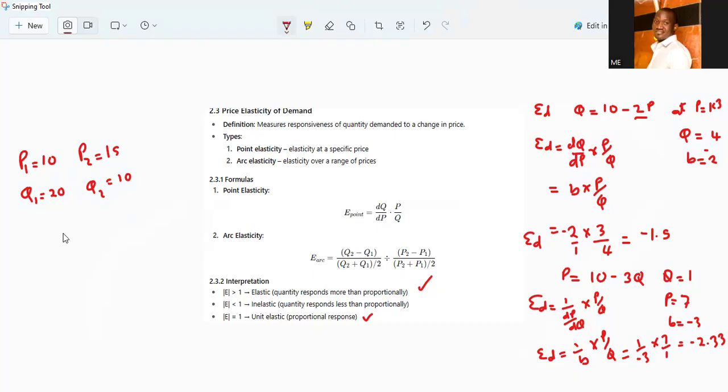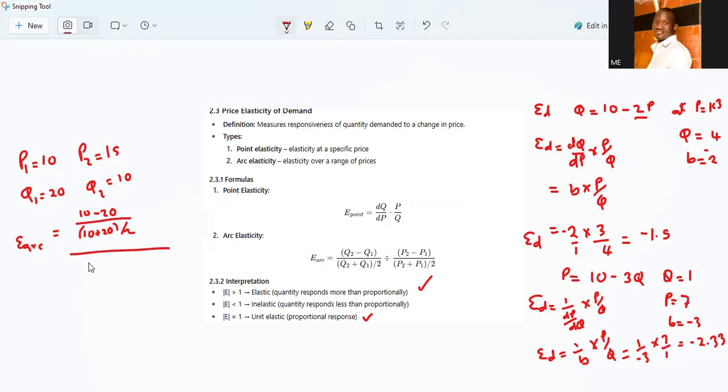So arc price elasticity is therefore equal to, what is our Q2 minus Q1? So 10 minus 20 over 10 plus 20 divided by 2.